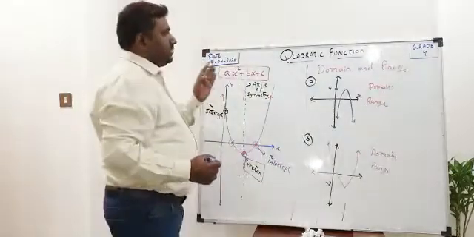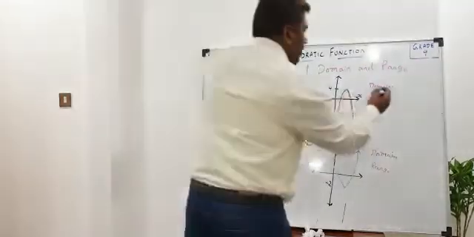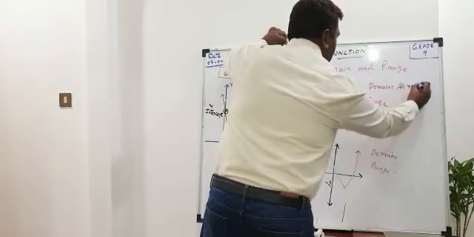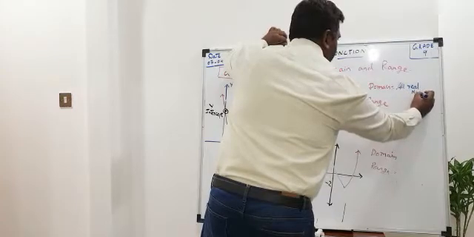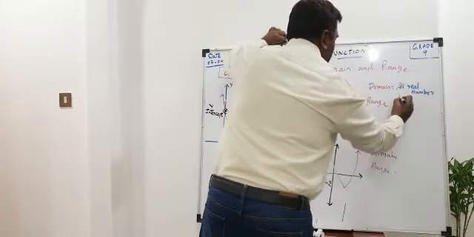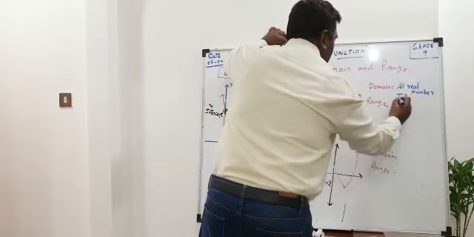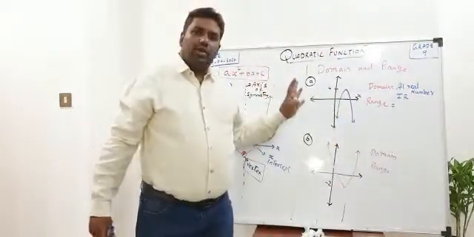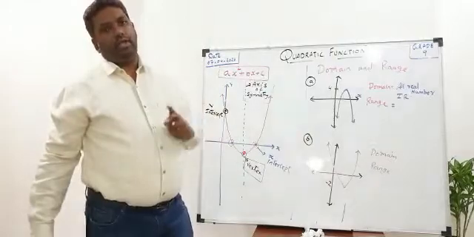So this quadratic function always has domain all real numbers, or in short you can write it as R, all real numbers. Okay, so domain of all the quadratic functions is always all real numbers.